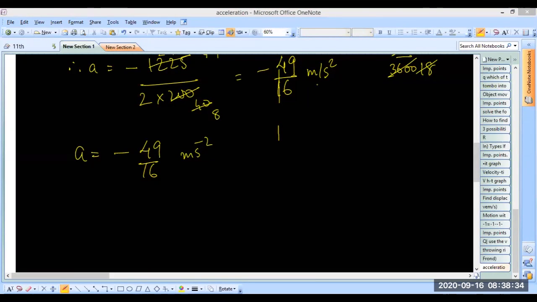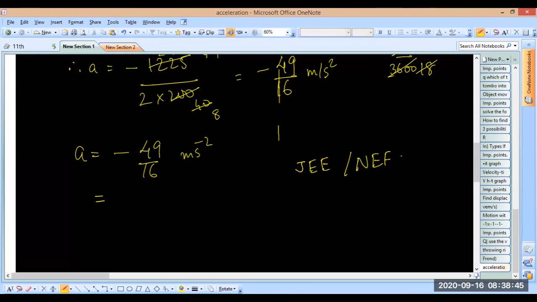Okay, fine. If you want, you can then divide it. For your kind information, in JEE or NEET exams, calculators are not allowed. So you have to divide it like you used to do in 10th, everyone. Clear? In board exams, it is allowed.